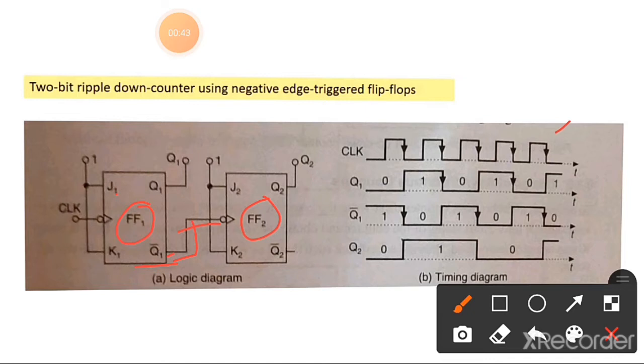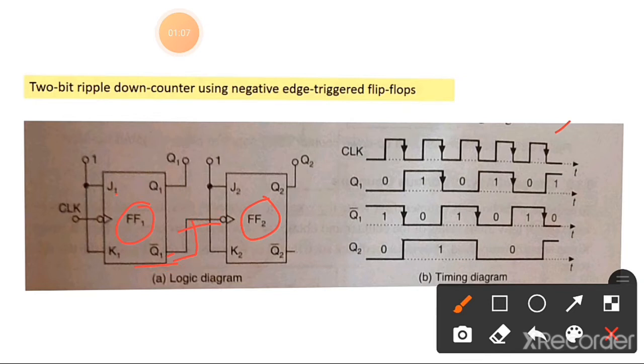In the up counter we connect Q1 to the clock of flip-flop 2, but here for the down counter we are selecting Q1 bar, and that is connected to the clock of flip-flop 2.